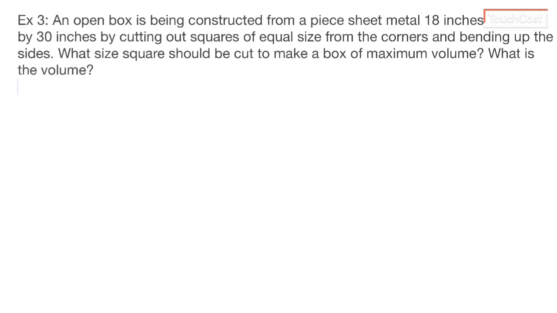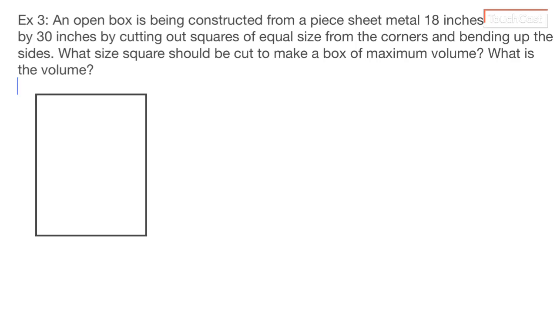So what we know is we have a piece of sheet metal. It's a rectangle, 18 inches by 30 inches. One side is 18 inches. The other side is 30 inches.